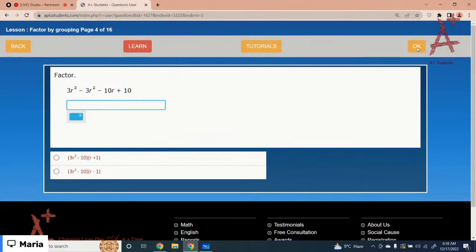The first option is the correct one. Got it? It would be 3r square negative 10 and r plus 1. The second one is the correct one, because if we take common 3r square from here, we are left with r minus 1. So that means the second one is the correct one. Got it?